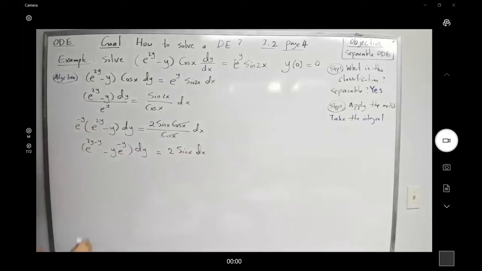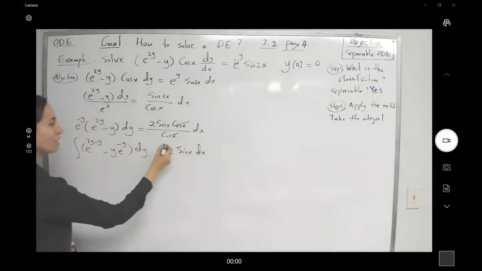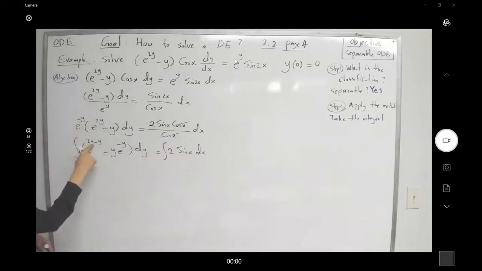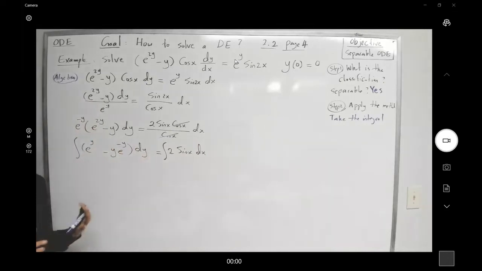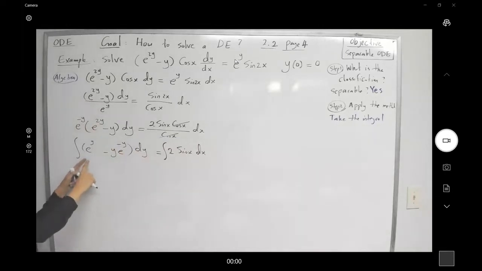Well, let's take the integral of both sides. Here you have e to 2y minus y, which is just e to the y, and minus y e to negative y dy. Taking the integral of the first term is not that hard because you have the integral of e to the y, which is e to the y. But for the second one, you have to apply integration by parts.